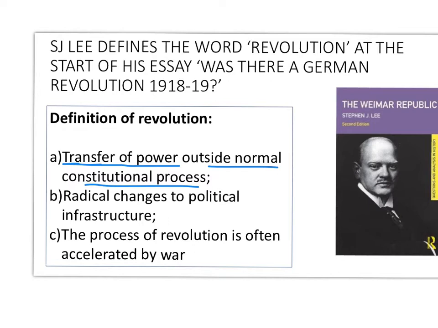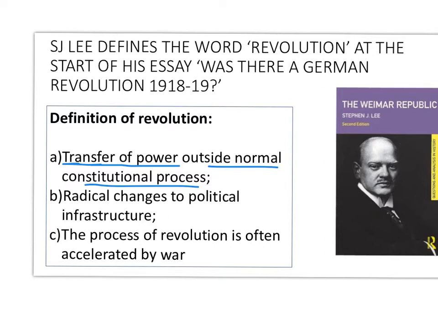You have a general election, and let's say the Conservative Party have been running the government. If the Labour Party were to win the general election, power would transfer from the Conservative Party to the Labour Party. Well, that is within a constitutional process, so that would not fit the definition of a revolution.